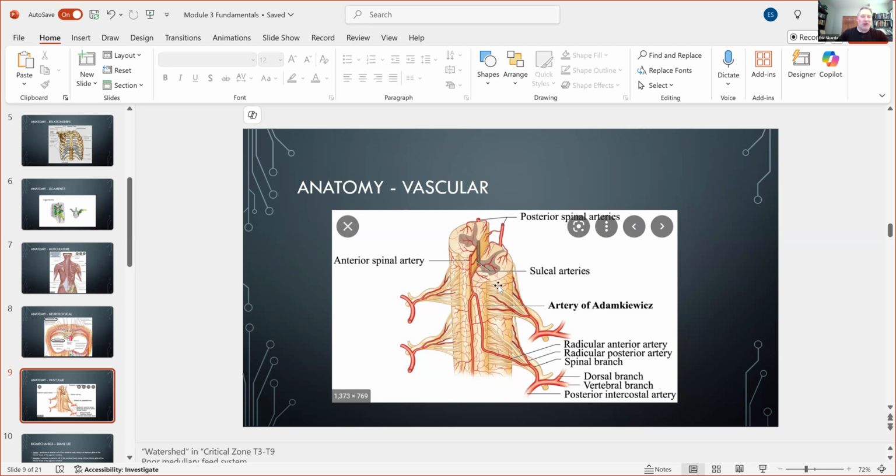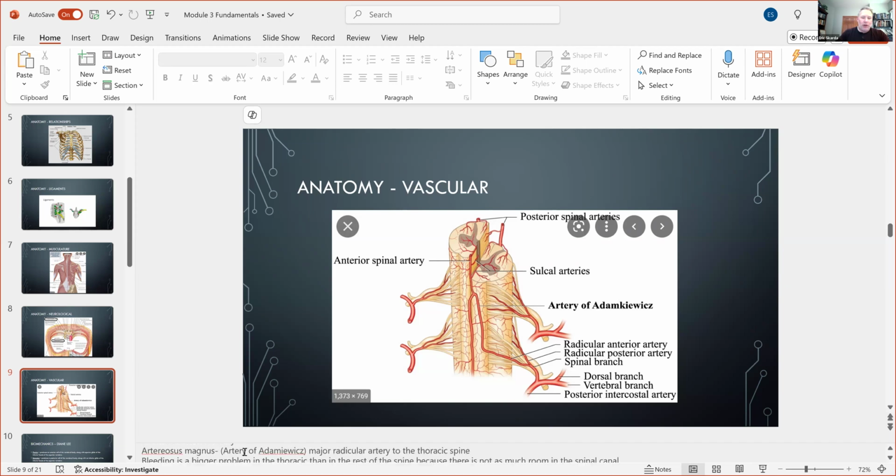We're not supposed to be treating this person anyway. They need more medical examination, and we can certainly mention maybe it's a vascular issue, but it's not really up to us to find this. It's just a matter of the idea that, hey, we need to know that upper motor neuron symptoms don't always necessarily come from compression of the cord. It can come from lack of vascularization to the cord as well.